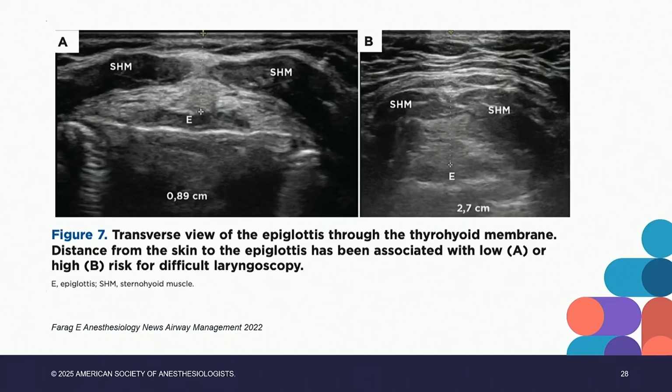Difficult intubation, or what we call the high larynx, is actually a misnomer. It is a deep epiglottis, and we say high larynx because we have to lift it higher with the laryngoscope to get it in our view. It is a deep epiglottis, and that is the reason it is a difficult intubation.